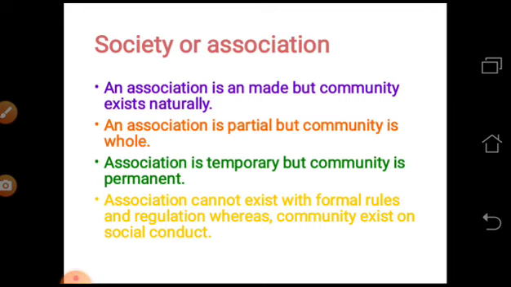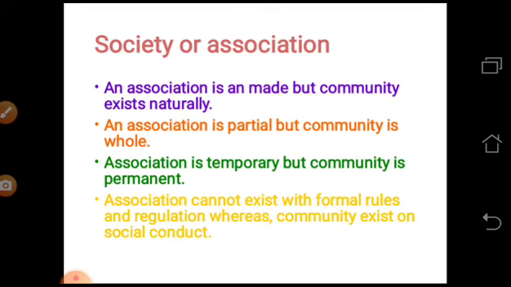Association is temporary, but community is permanent. Community is permanent, okay, whereas association is temporary. When the work is done or when the goal is achieved, it will be no longer. Okay, so association cannot exist without formal rules and regulations, whereas community exists on social contact. Oh, sorry, association cannot exist without formal rules.